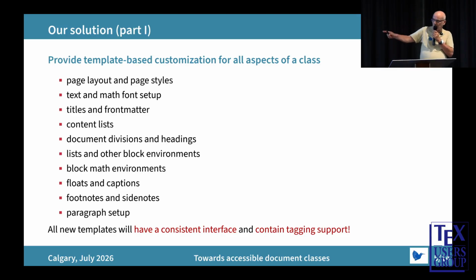And this is the important part, the whole tagging machinery would contain accessibility support, tagging support out of the box, which means the moment you use this, you produce a class that is tagging aware throughout. So that's the goal.